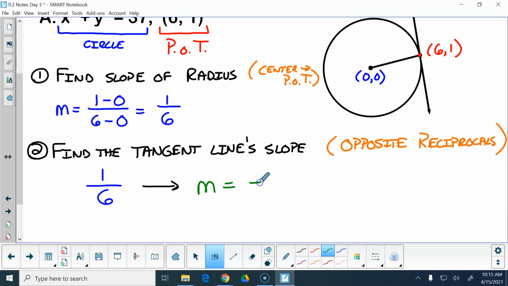So the opposite reciprocal would be -6. See how this is all coming back? We've got a little bit of algebra, a little bit of geometry, a little extra algebra 2.